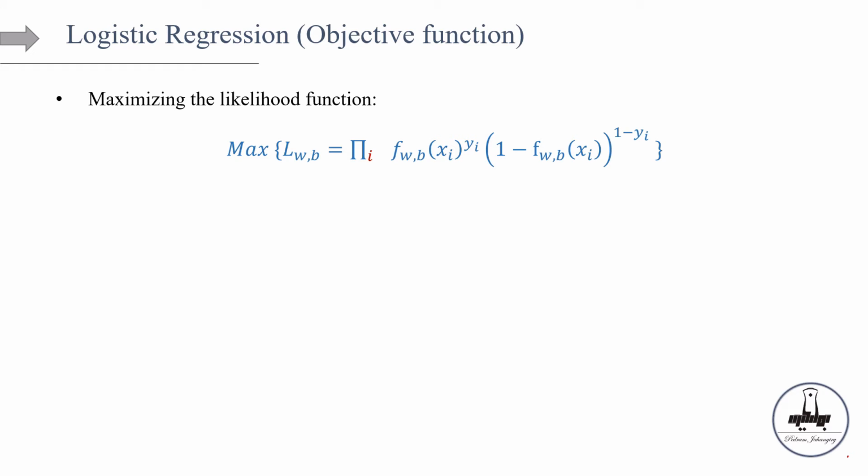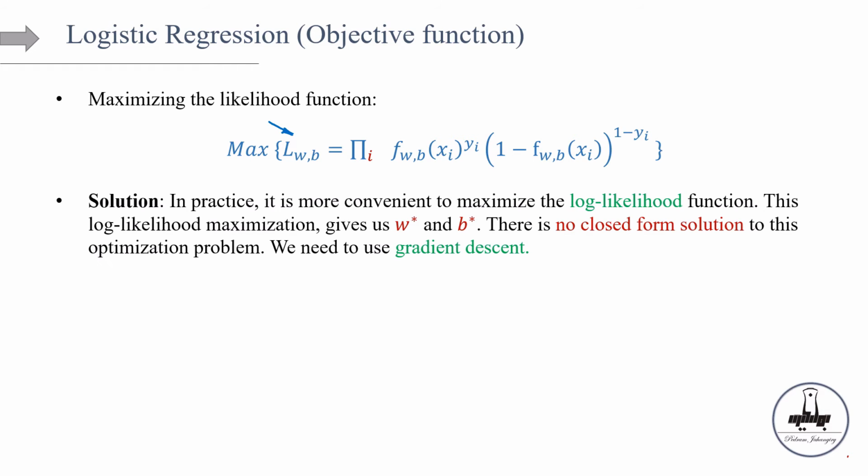Now, let's look at the objective function for logistic regression. So in logistic regression, as we discussed earlier, and now we are formulating it more formally, we're maximizing the likelihood function, right? So this is our likelihood function that we just covered, and we're maximizing this function. In practice, it is more convenient to maximize the log likelihood instead of the likelihood itself.